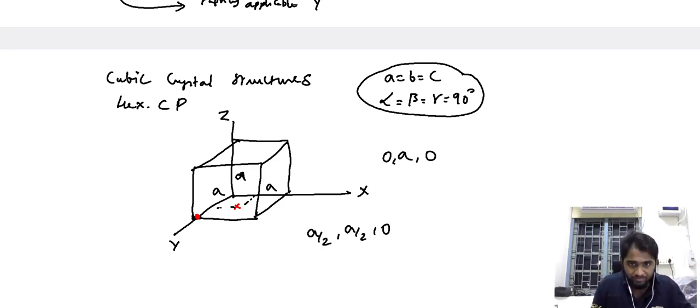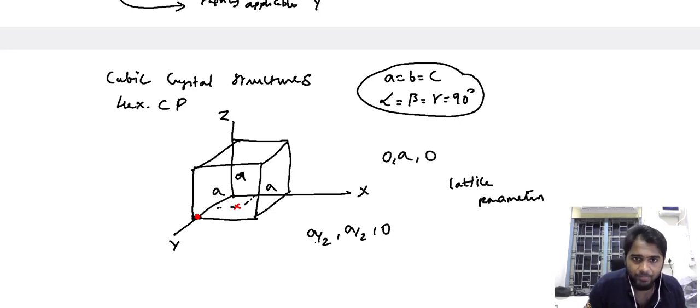Even though it is implicitly assumed that there are x, y and z coordinates associated with the unit cell, the way we describe the point is based on this parameter, which we refer to as the lattice parameter. We describe the point within or on the unit cell using A, the parameter associated with the unit cell, no longer based on x, y and z.